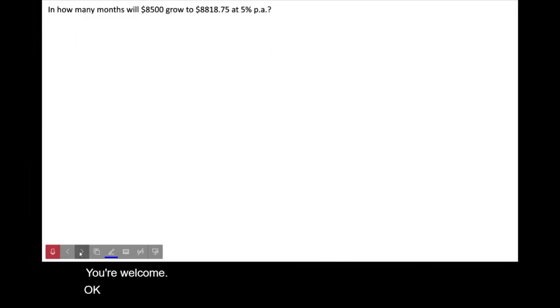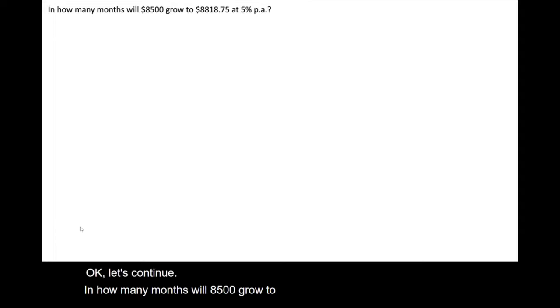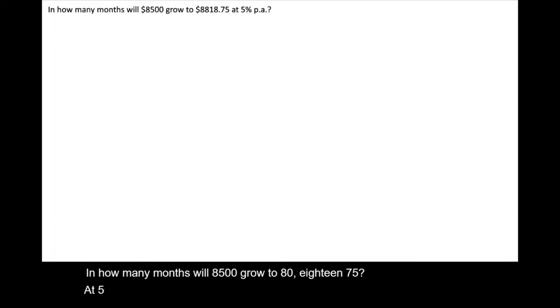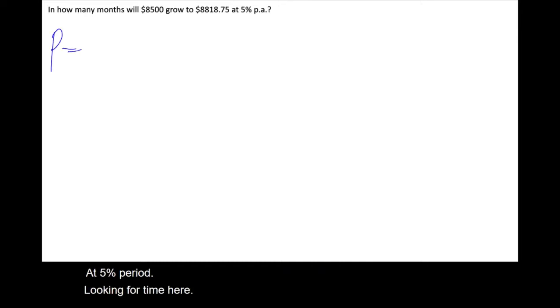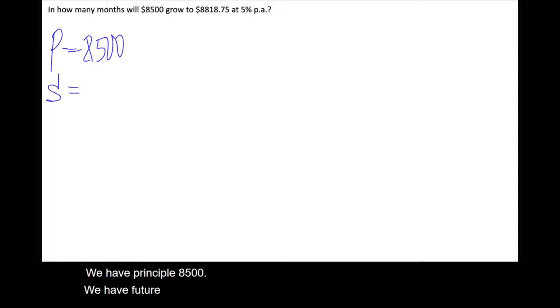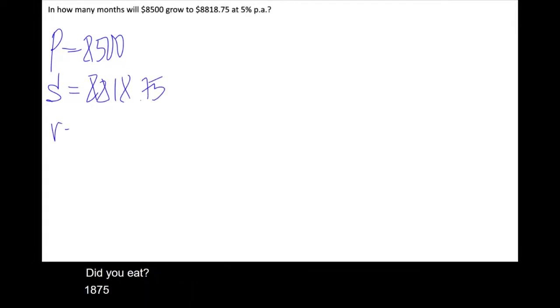Okay, let's continue. In how many months will 8,500 grow to 1875 at 5% PA? So we're looking for time here, and we have principal 8,500, future value 1875, and interest at 5%.